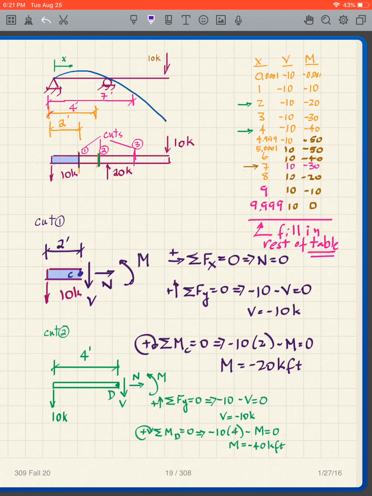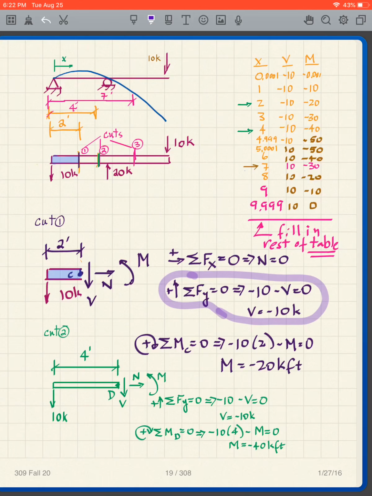So there is my free body diagram. First I'm going to start with the sum of the forces in the x direction, as we always do. What do I see? N equals 0. So that's what's going to be the case for pretty much all semester. Now I'm going to take the sum of the forces in the y direction equals 0.